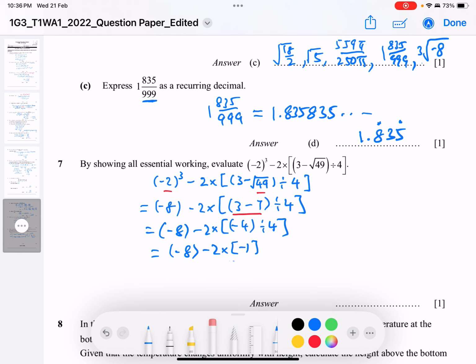Right now, we have negative times negative is positive, so plus 2. Using the zero pair, we are left with negative 6.